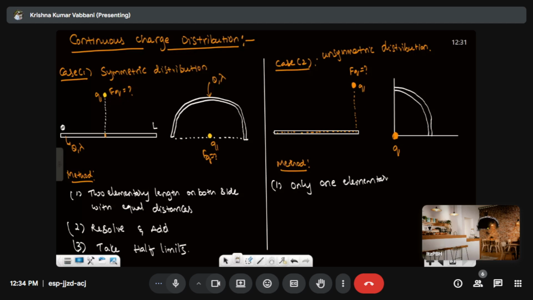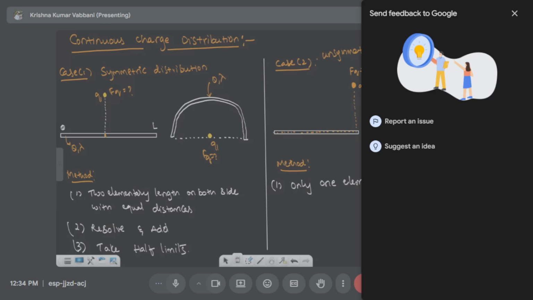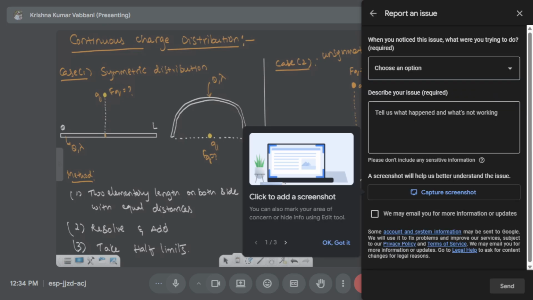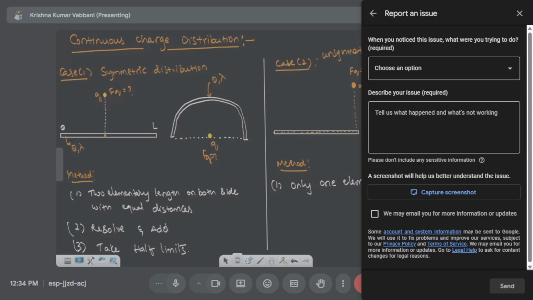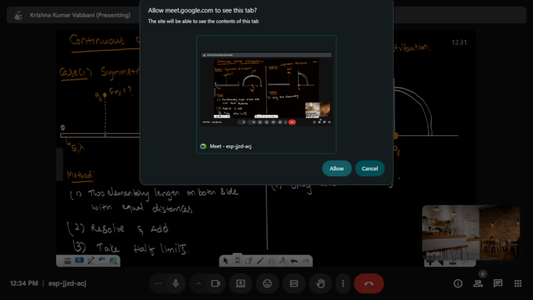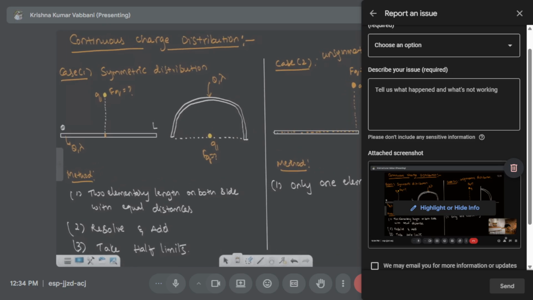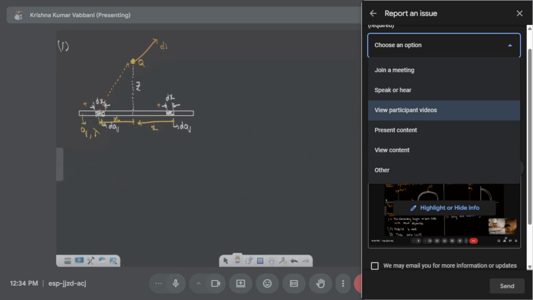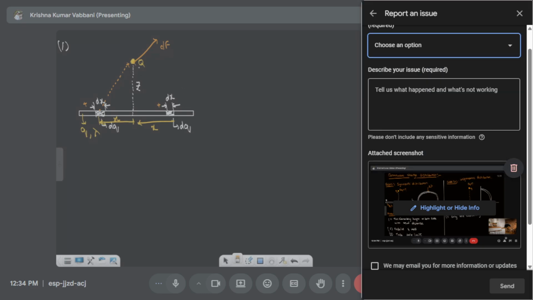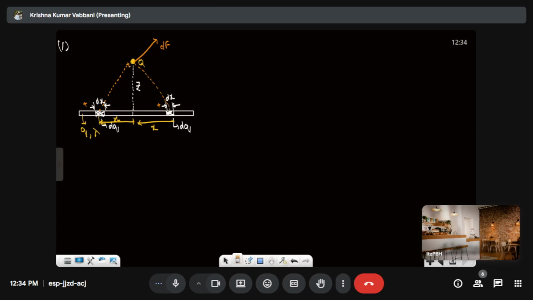This is plus, this is plus, this is plus, and my force at this point is like this. This is infinitesimally small. Okay, Nandi, this is not f, this is df. And this is also df.